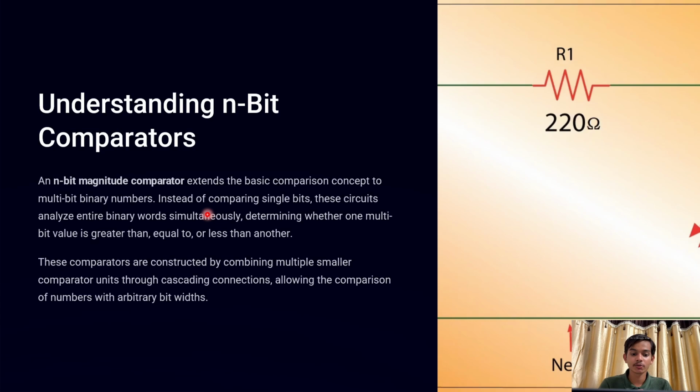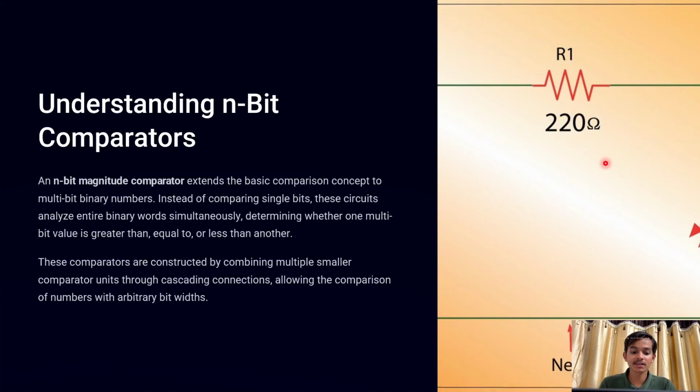It determines whether one multi-bit number is greater than, equal to, or less than the other. These comparators are constructed by combining several smaller comparator units using cascading connections. This cascading approach allows comparison of numbers with any desired bit width. This is the example shown in the image of cascading.